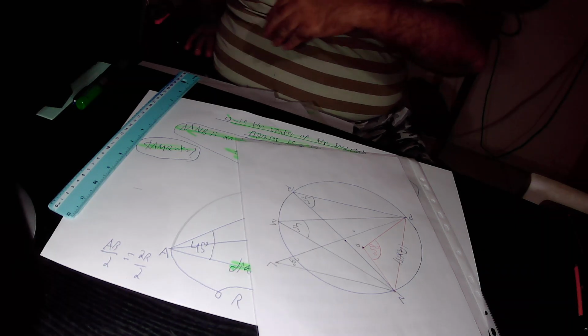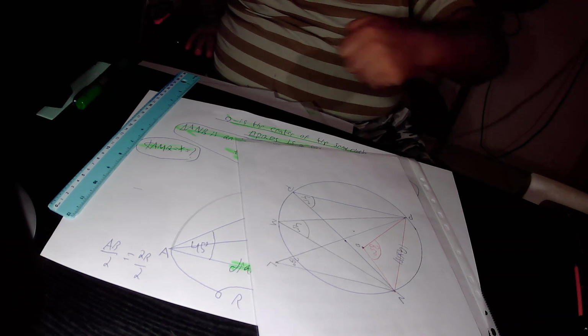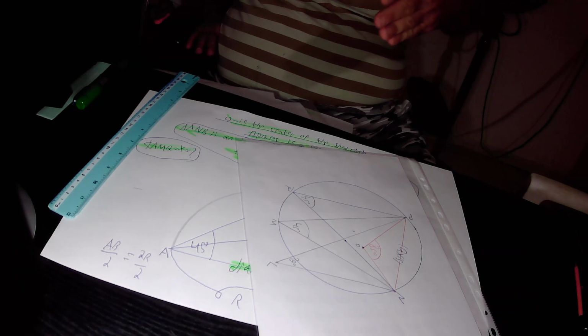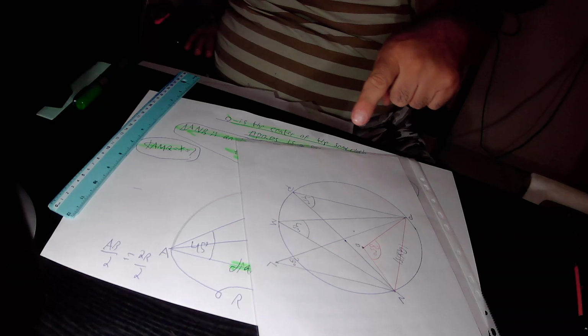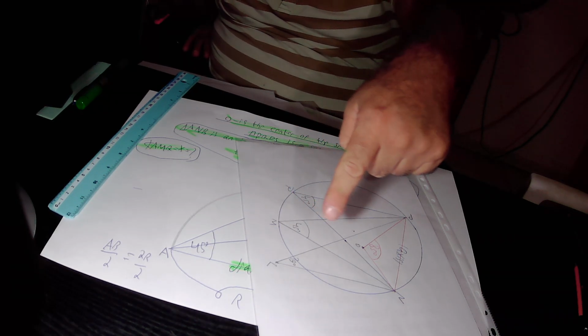All the other angles will be either less than 45 degrees or bigger than 45 degrees. So all the angles that are equal to 45 degrees and subtend chord PN will be on the circle itself. The vertices will be on the circle itself.